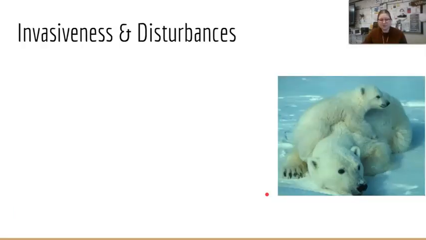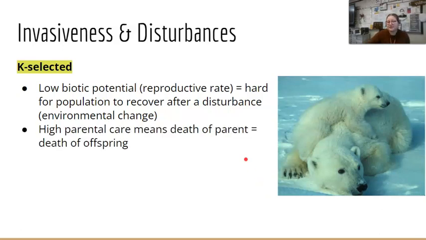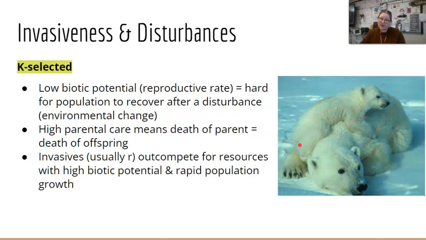When it comes to invasiveness and disturbances, K-selected species have a low biotic potential, which means a low reproductive rate, and it's hard for a population to recover after a disturbance. High parental care means the death of the parent equals the death of the offspring. That doesn't mean that if a parent dies, the offspring automatically dies, but if this big polar bear who's still taking care of the little baby polar bear passes, it is way more likely that its baby will as well.